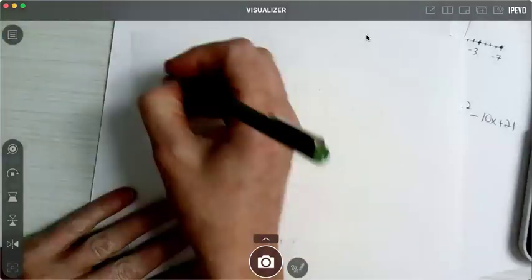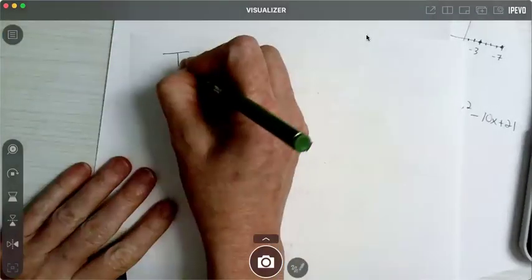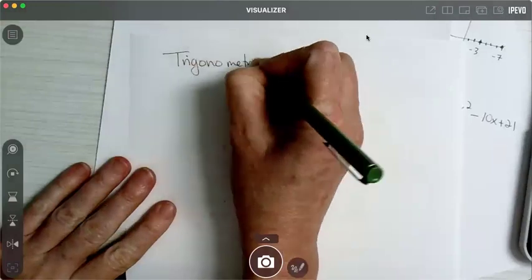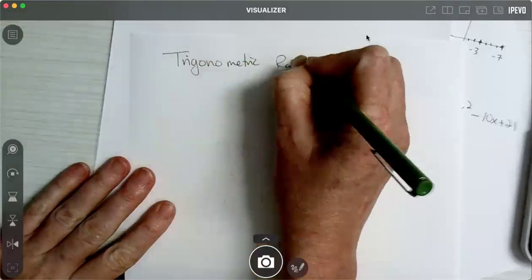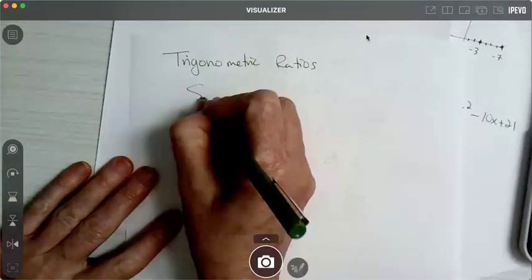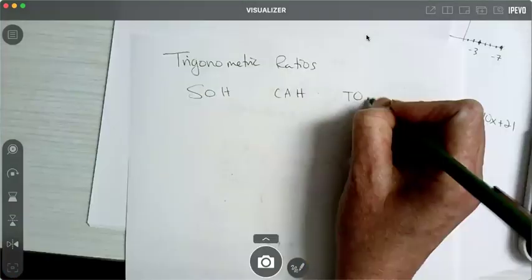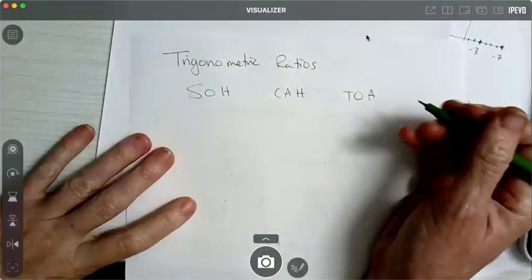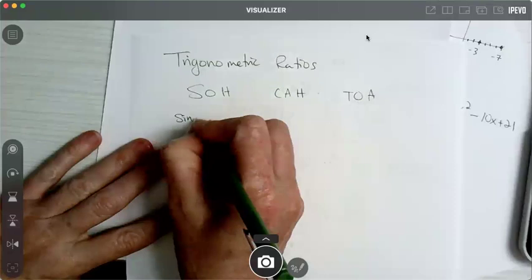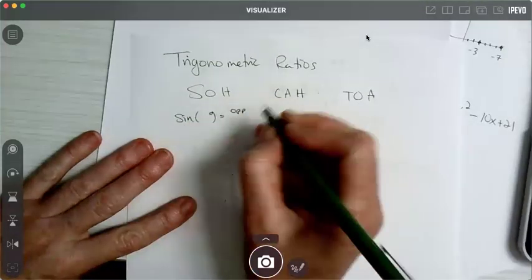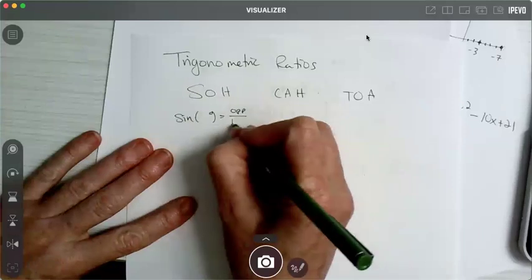If I have trigonometric ratios, we remember these with SOHCAHTOA, and I'm going to try to do 3 example problems very quickly. So it's the sine of some angle, that's a degrees, equals the opposite over the hypotenuse.